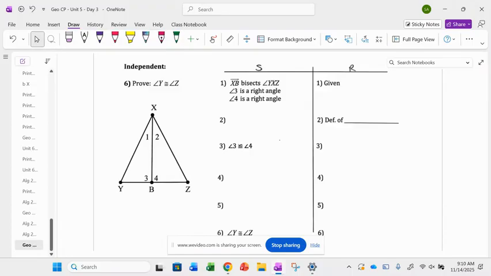There's some communication. Look at the problems: there was an X, and XB is the shared side. See how this is the same side, so they're sharing a side. So you say XB and XB.